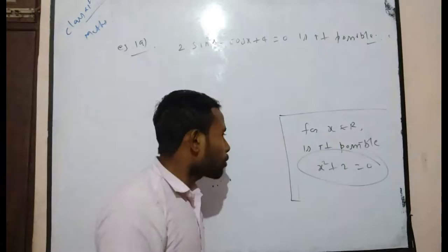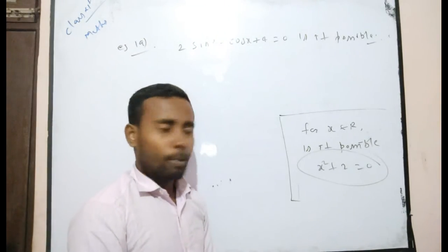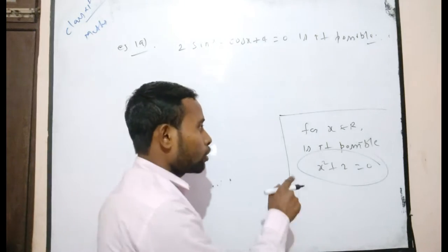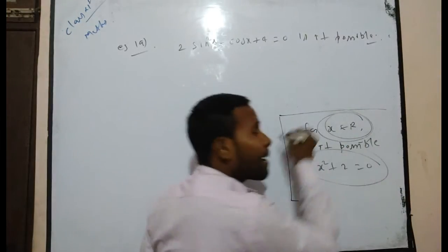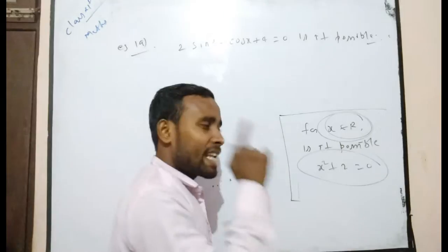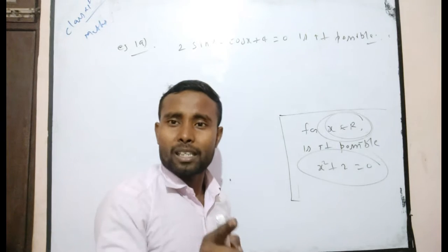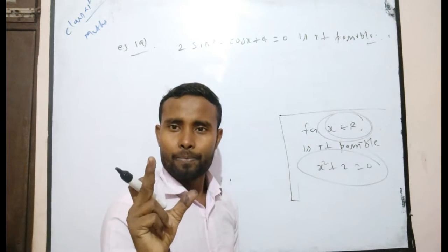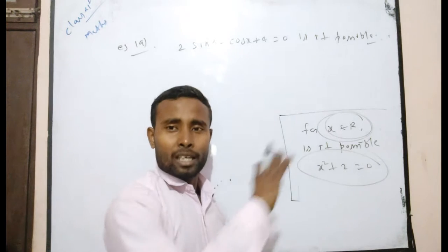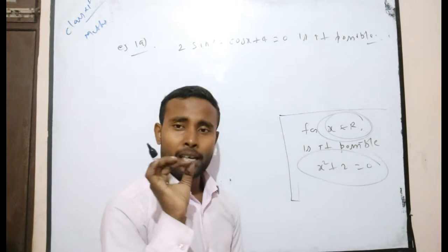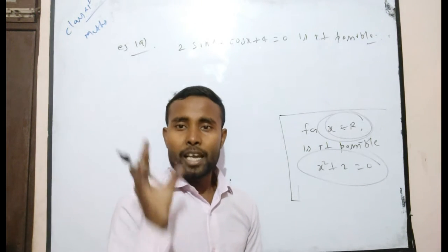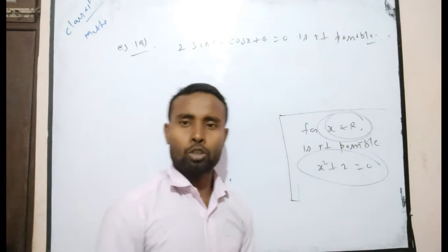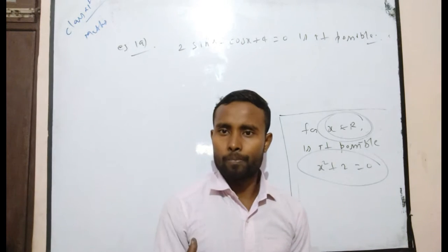How do you consider this problem? It is not possible because for any real number, if you square it, you always get a value greater than or equal to 0. I have already told in previous classes the definition of real numbers, whose square is never negative.